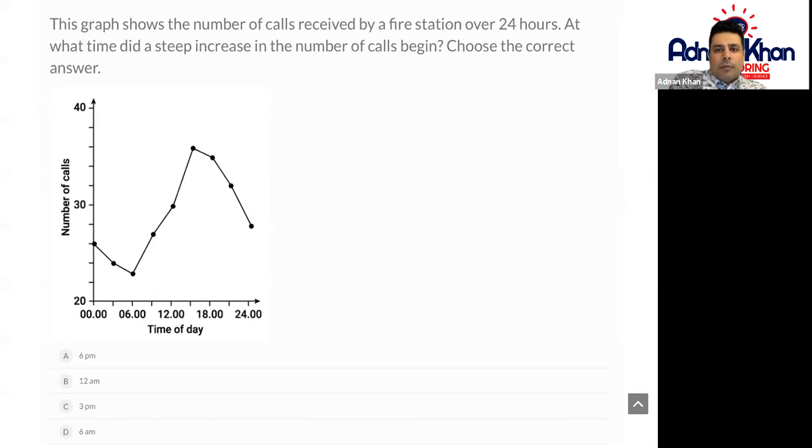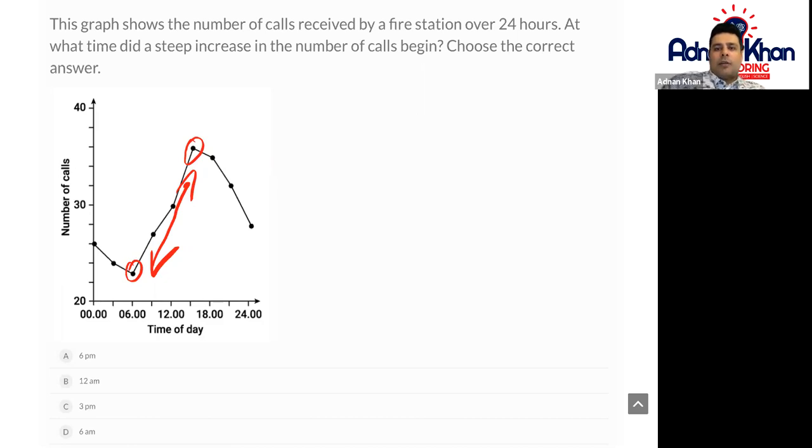Can you see from here to there? That's where the steep increase actually began. So I would say that the answer is going to be 6 a.m. So 6 a.m. in this case.